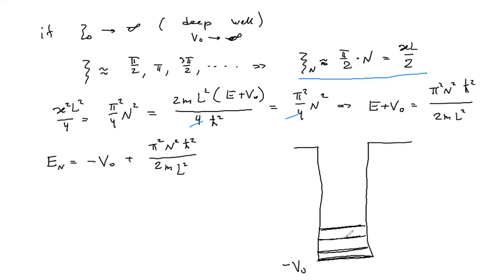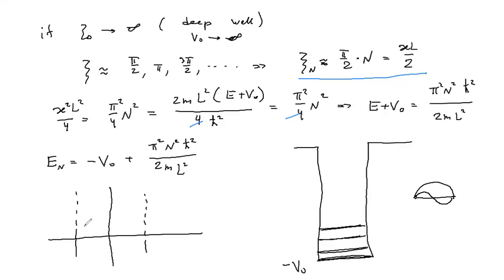Your wave function would be slightly different now. So your wave function would be like this. Before it was half of a wavelength. Now you will have slightly different behavior. You have a part of the cos function, but then you have this exponential tail.